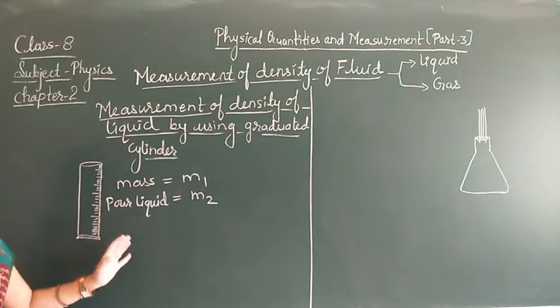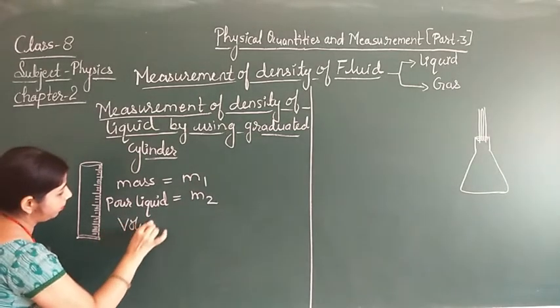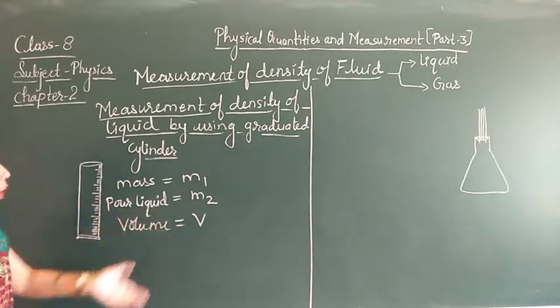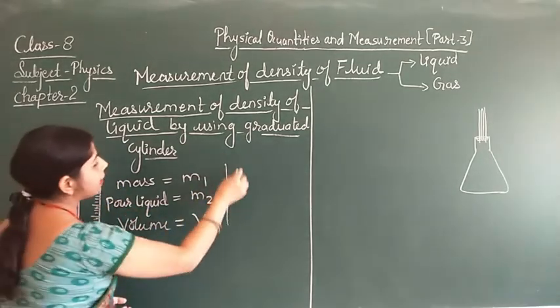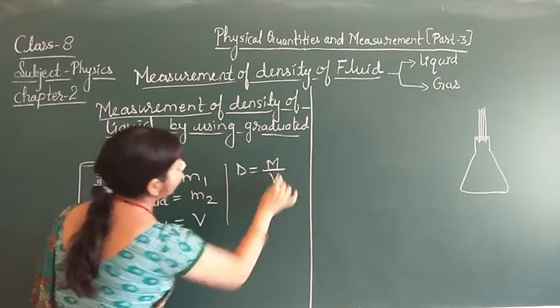Let the volume be V. We know the formula, density is equal to mass by volume.